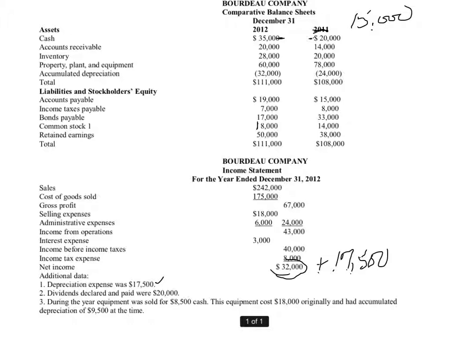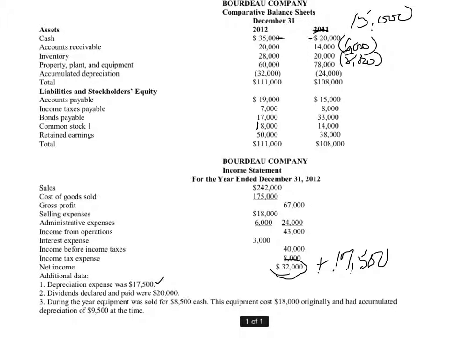Now, what did they do? Did they increase their investment or decrease it? Well, you can see that accounts receivable increased by 6,000. So that is a use of cash, and we bracket it. Inventory also increased by 8,000. Again, a use of cash, and we bracket that.